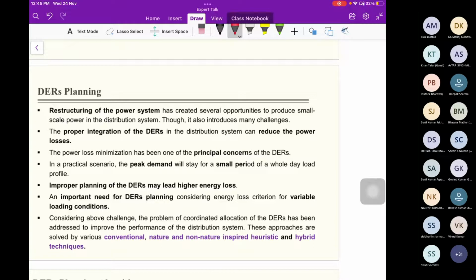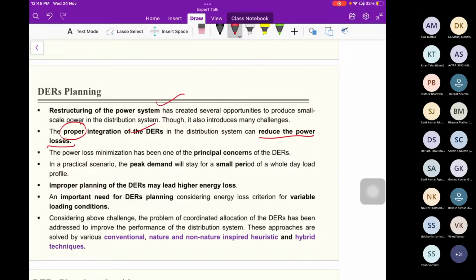With proper integration we can reduce the power losses, otherwise it may create problems.